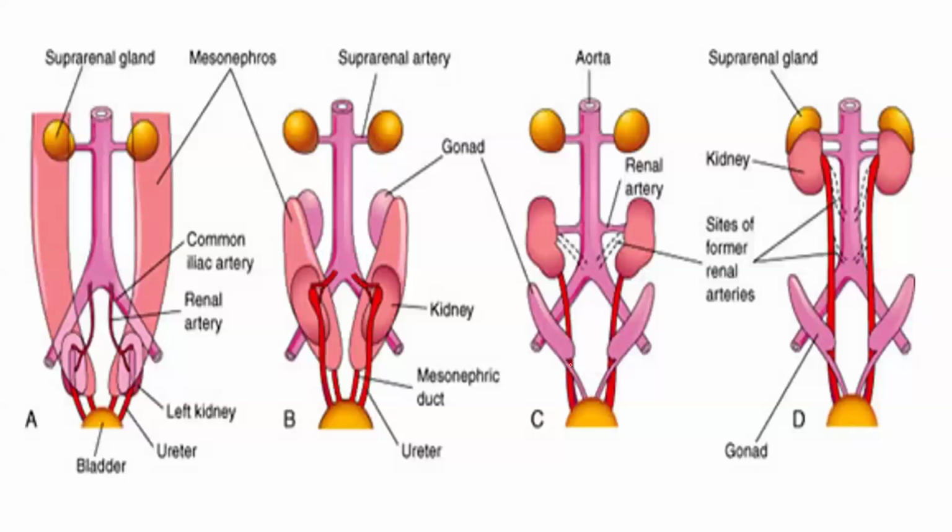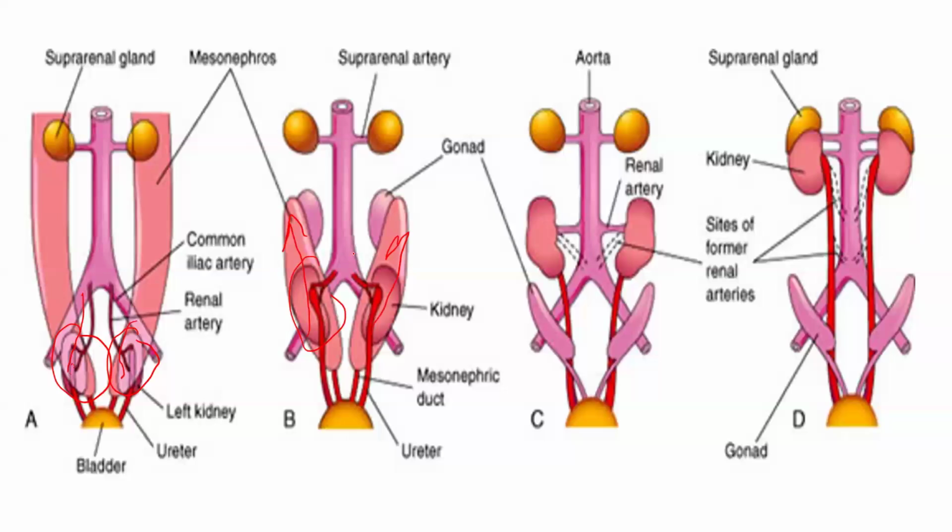Okay, so you can see that initially the kidneys were in the pelvis, and I want you to see that within the pelvis, the renal arteries, when the kidneys were in the pelvis, came from the common iliac. So there was a time in your life when the renal arteries came from the common iliac, but you can see the kidneys have started to go up.